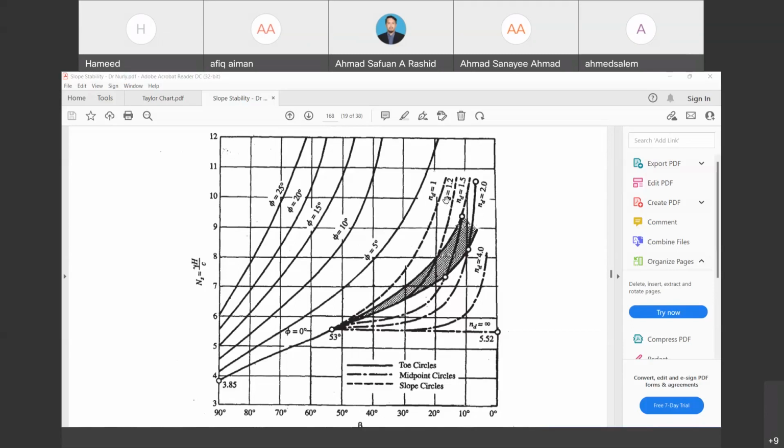Actually, the ND value is related to the type of failure, either toe, midpoint, or slope. Normally, if it is a purely cohesive material, it has the potential to fail in this type of failure. So that's why for the first example, we need to determine the ND.